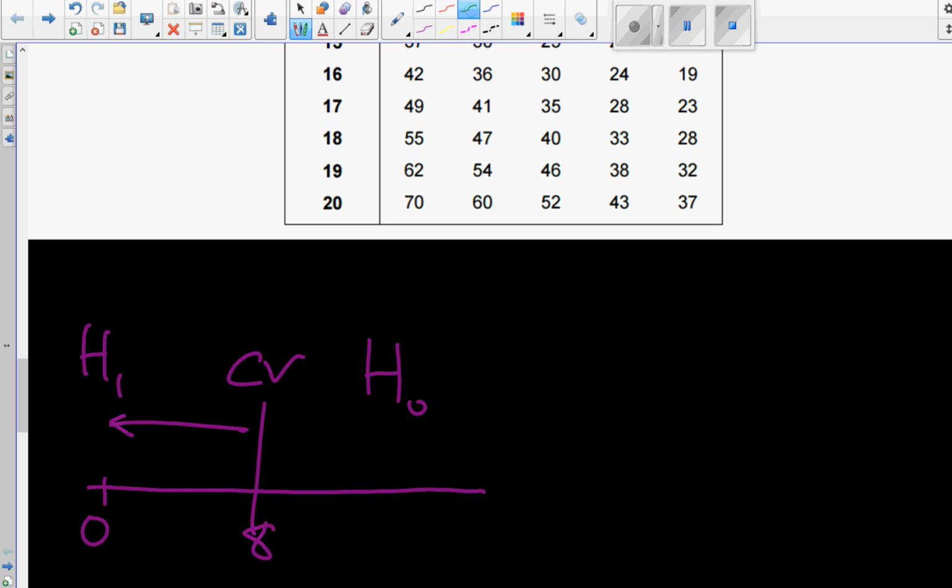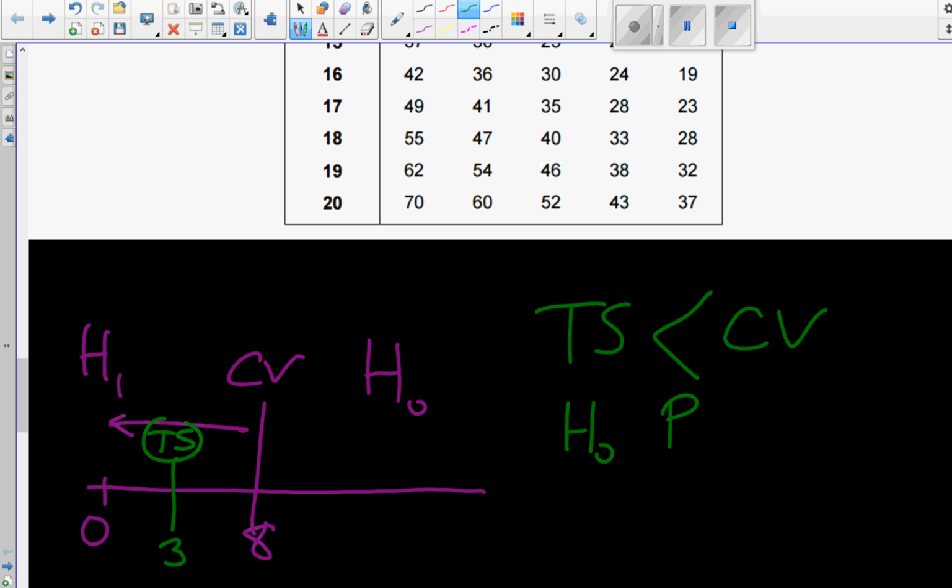So if we now mark our test statistic, which was 3, onto this diagram, we find that it's in the critical region. So two things we want to write down. On the mark scheme, to get a mark, we want to write test statistic is less than critical value. And we want to write that H0 is rejected. So there we go. Those are our key points. And that completes that part of the test.